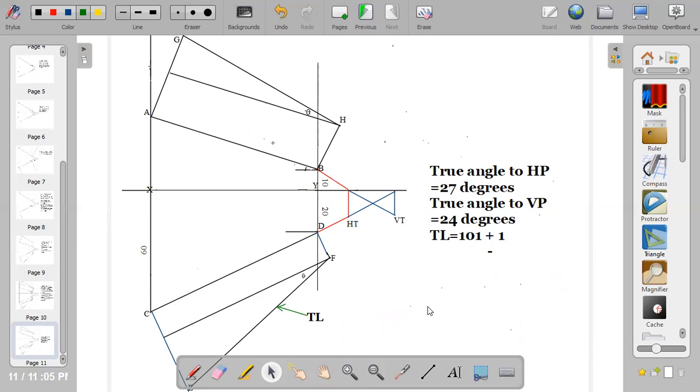So it's either 102 or 100. So this is how to get the vertical and horizontal traces, how to determine the true angle to the vertical and the horizontal plane, and how to get the true length of line.